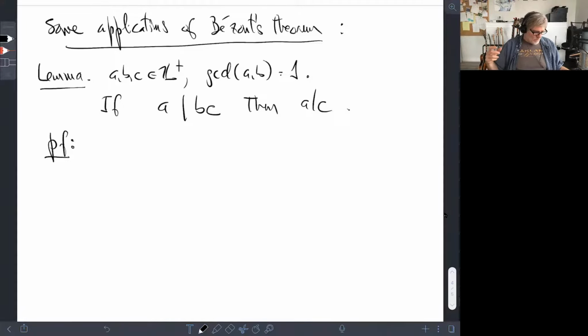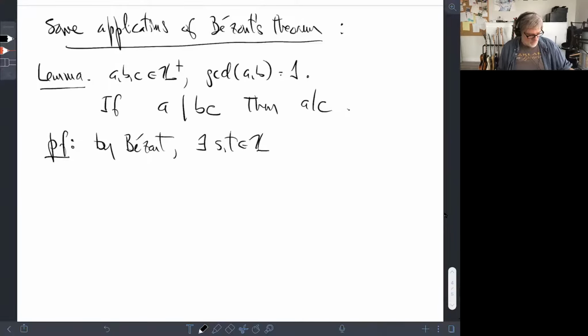So let's do this. The big hint here is this: GCD of A and B is 1. Bézout's theorem, what does it say? It says that there exist two integers, S and T, such that S times A plus T times B is 1, right?